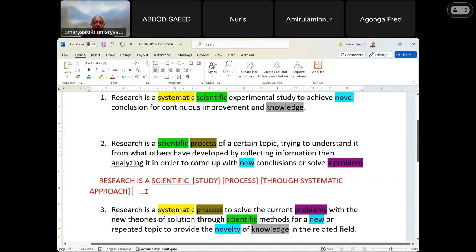What next after this? Research is a scientific process. Say, for example, you disagree with all the things in the box. Research is a scientific process, and then what? When you go here, it is to achieve a novel conclusion. Objective of a certain topic, trying to understand what others have developed by collecting it.